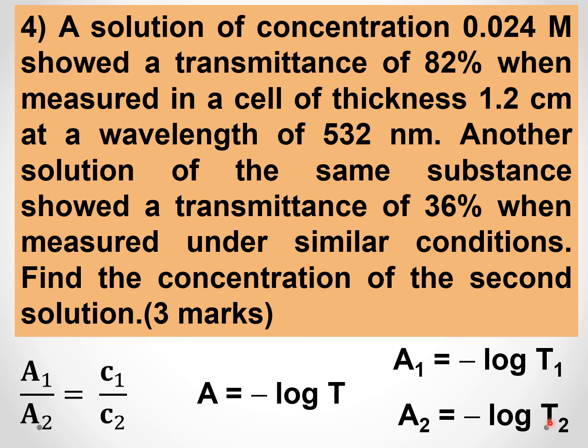What is T1 and what is T2? Now T1 and T2, if you remember, the value of T should be between 0 and 1. Here it is given in percentage. So you have to convert percentage into a value between 0 and 1. So what will be T1?